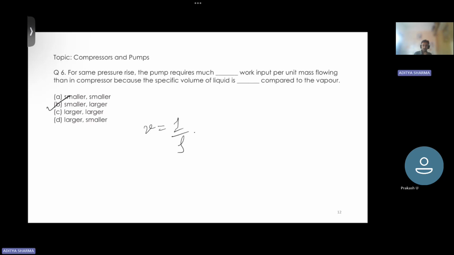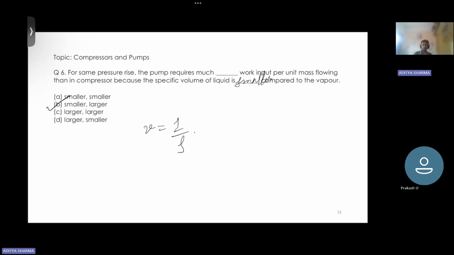So in that case, because the density of liquids is higher, the specific volume will be smaller for liquids, right? This follows directly from the knowledge of whether liquids or gases are dense.